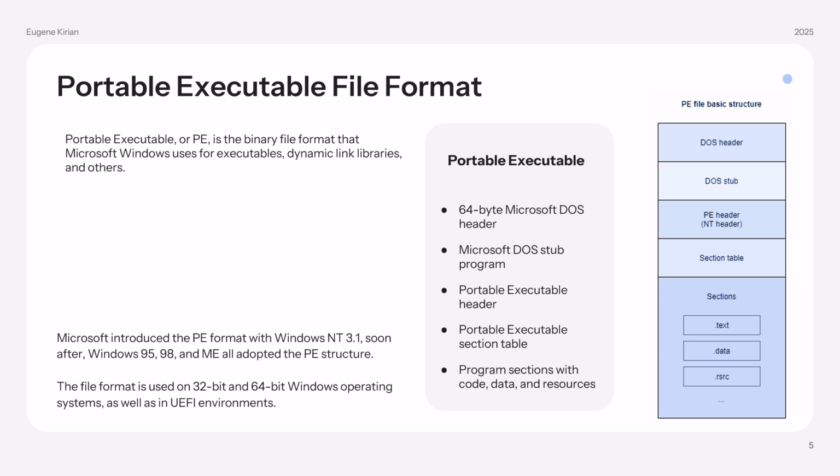The portable executable file format was first introduced in Windows NT 3.1 and has been widely adopted across various Windows versions, including 32-bit and 64-bit systems, as well as UEFI environments. Understanding the PE format is crucial for reverse engineering a Windows application, as it will allow us to dissect and analyze the inner workings of these binaries and the resources embedded in them.